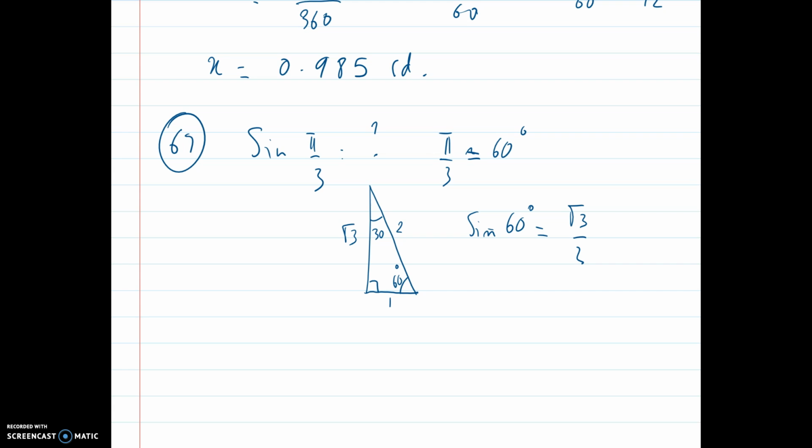Why do I have the square root of 3? Because I would like to remind you that 2 square plus 1 square equals x square, x being equal to this side of the triangle, and so x equals the square root of 3.